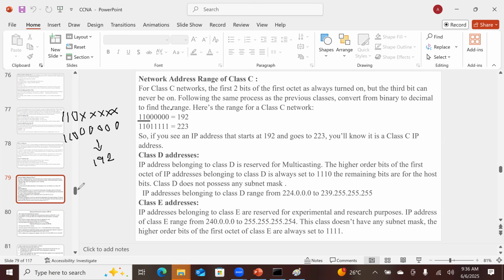If I make all of them 1, 110 is constant and the remaining 11111, then I'm going to get the last range, that is 223. This is the design of it. So if you see an IP address that starts at 192 and goes up to 223, then it belongs to class C.